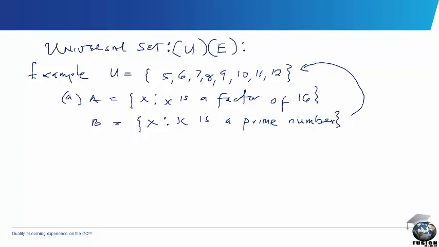So how do we pick factors of 16? A will be x such that x is a factor of 16, which here includes 8.